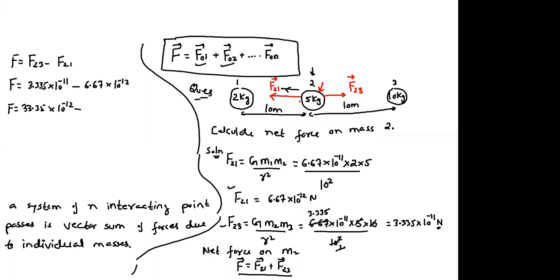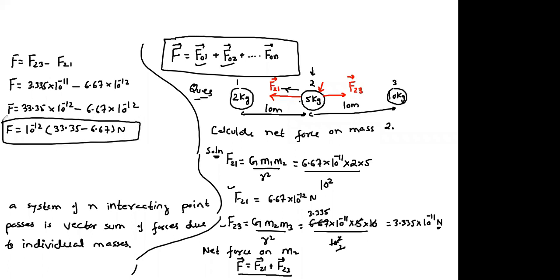If I divide and multiply by 10, then the decimal will shift to the right and the negative power will increase. So you can take 10 raised to the power minus 12 as common and you are left with 33.35 minus 6.67 Newton. So this is the force acting on the wall. Is it clear?